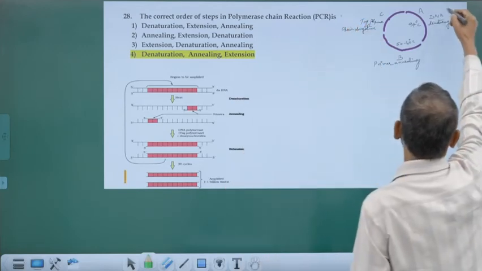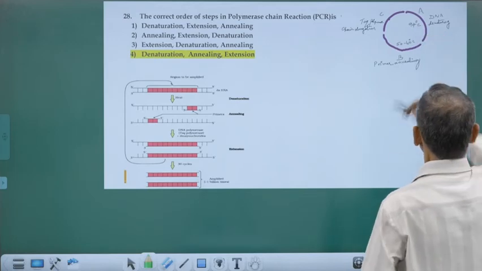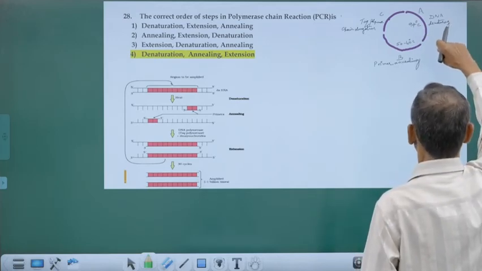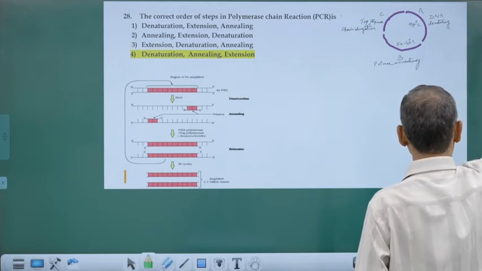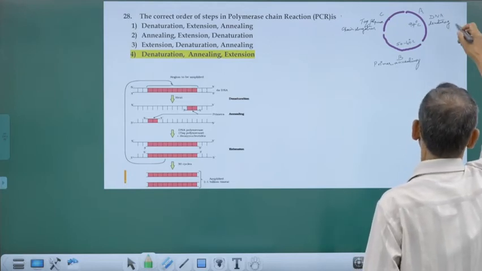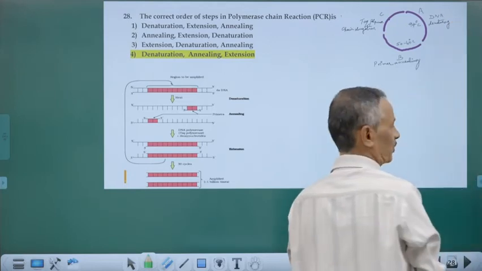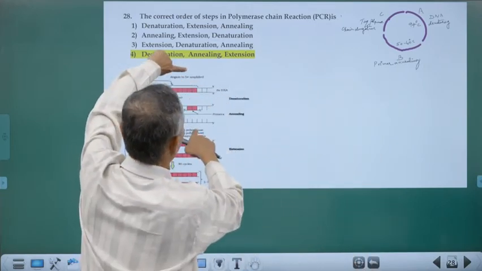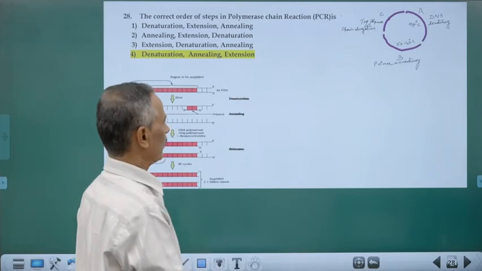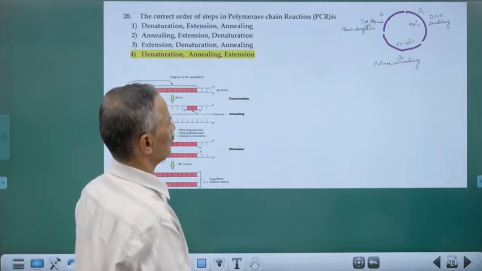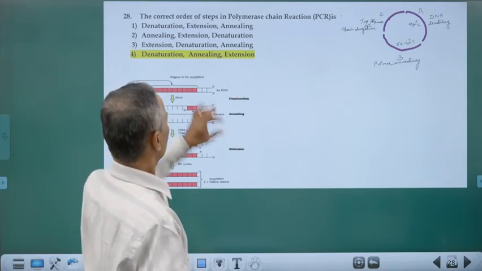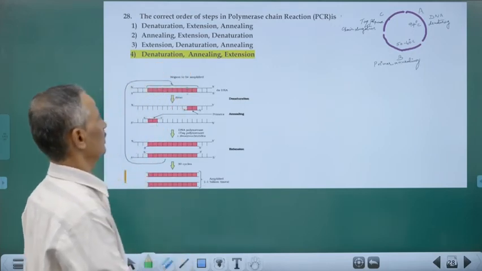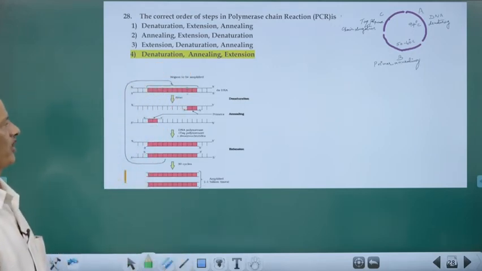In step A, the temperature is increased to 94 degrees. The original DNA that we want to have amplified is separated into 2 strands. That separation is called denaturing. So the 2 strands are denatured when the temperature is increased to 94 degrees.